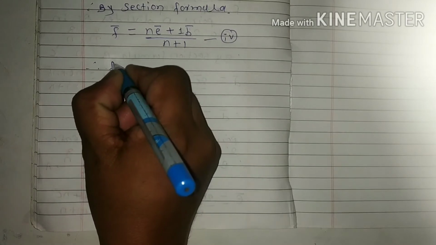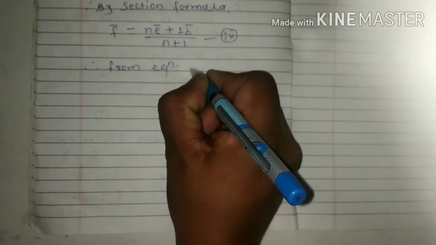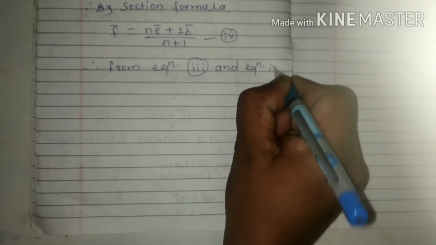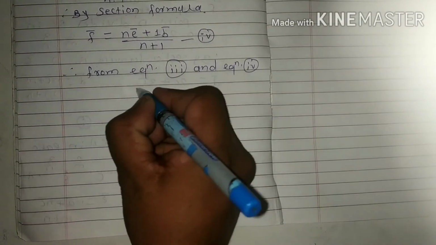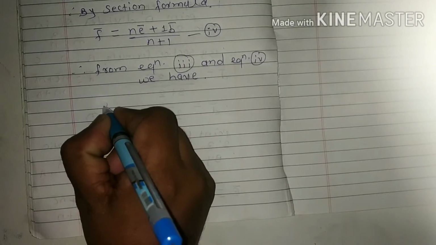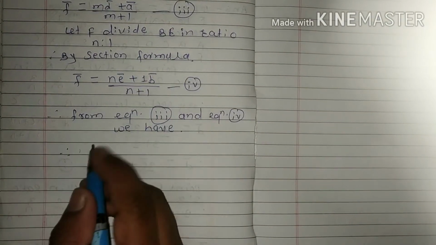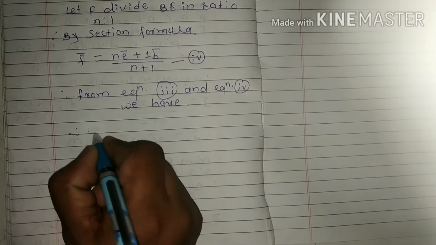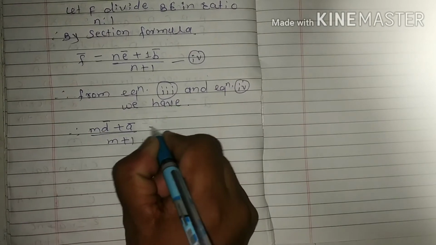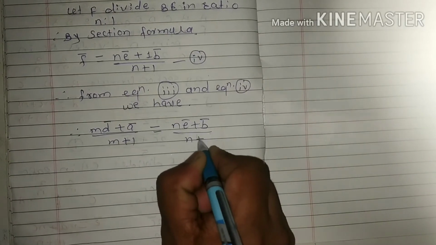Then we get the value of f bar, with the left hand side equal, so the right hand side is m into d bar plus a bar divided by m plus 1 is equal to n into e bar plus b bar divided by n plus 1.